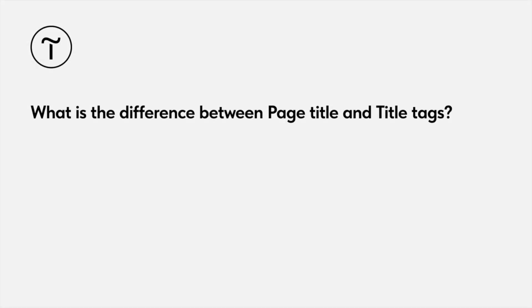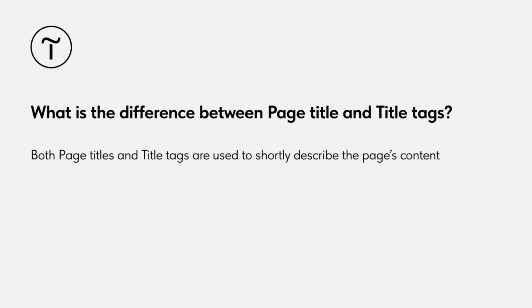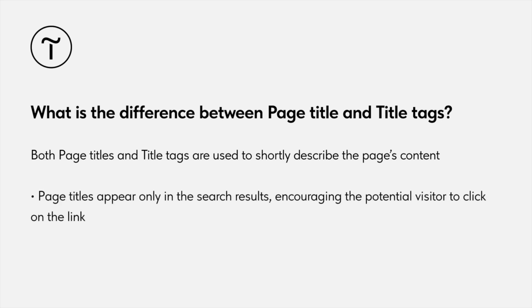Sometimes people confuse title tags like H1 and page titles. Let's look at the difference between those two and why it is necessary for them to differ from one another. It's pretty simple, actually. When a user searches for something on Google, they are presented with numerous search results that could potentially match their search query. So the ultimate objective of the page title is to persuade that user to click on the link that directs them to your website.